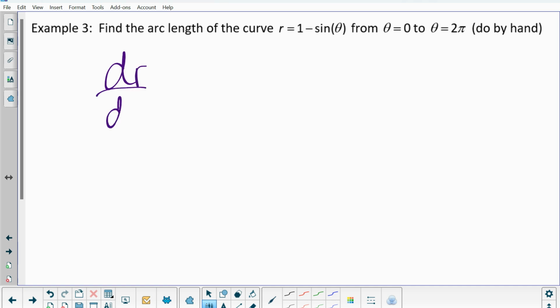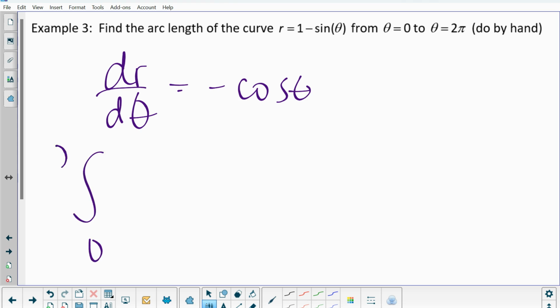So the first thing I'm going to do is find dr d theta. So dr d theta is the derivative of 1 minus sine theta, which is negative cosine theta. And I'm going to evaluate this from 0 to 2 pi. Although that isn't the only way you could do this.